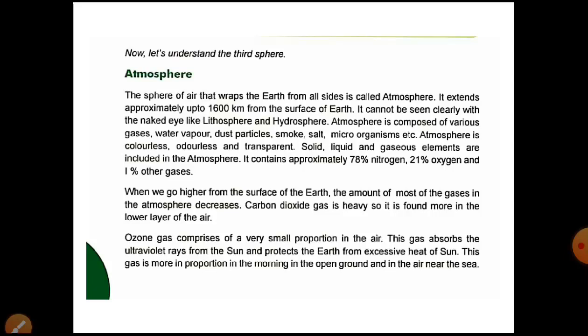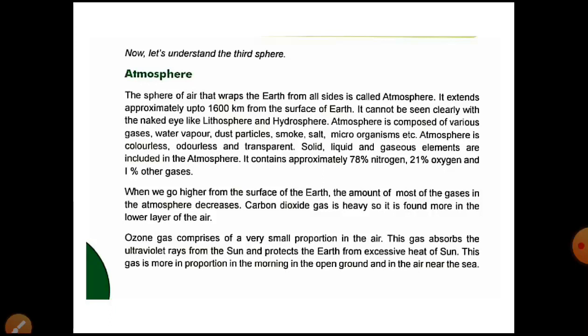When we go higher from the surface of the earth, the amount of most of the gases in the atmosphere decreases. Which means the amount of carbon dioxide, oxygen and nitrogen decreases as we go higher in the atmosphere.